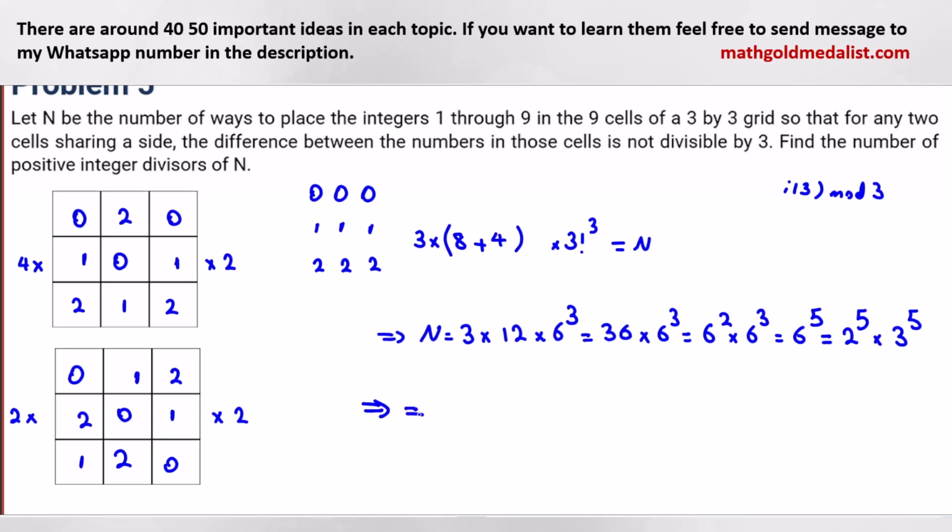Now, number of positive integer divisors of n is 5 plus 1. The formula is this. So let me tell you something. We have formulas for number of positive divisors. Also, you should memorize sum of positive divisors and product of positive divisors.